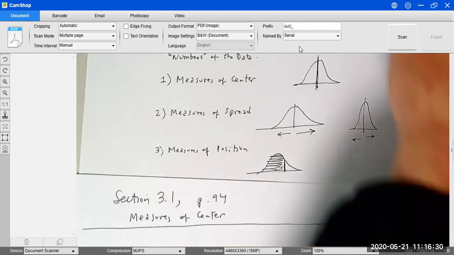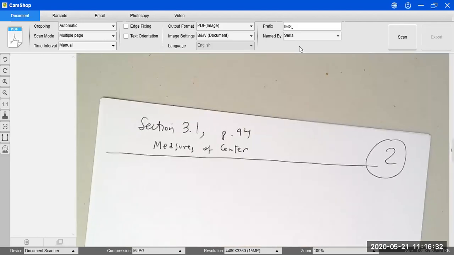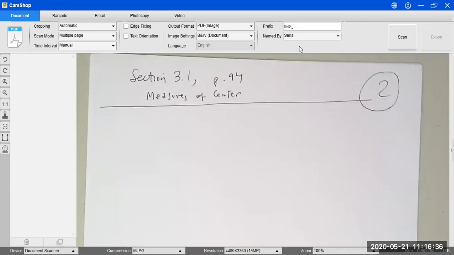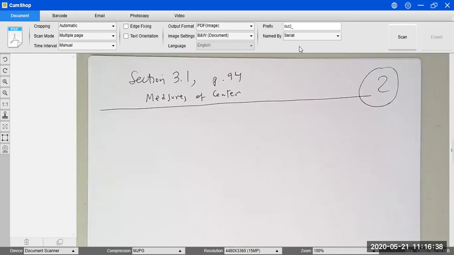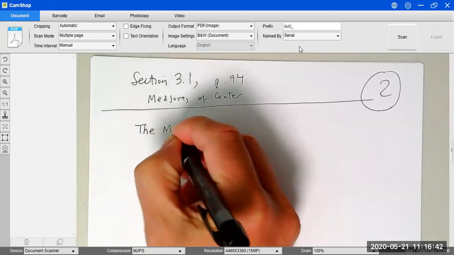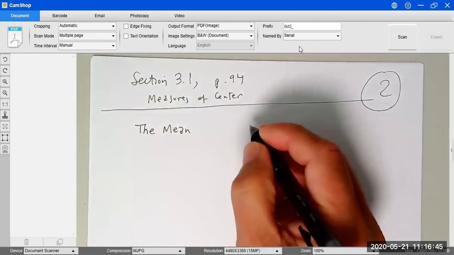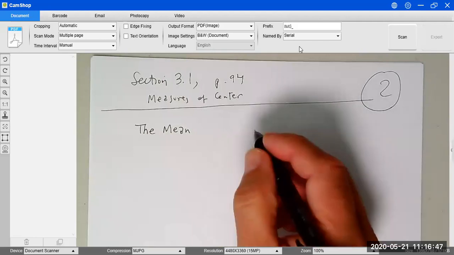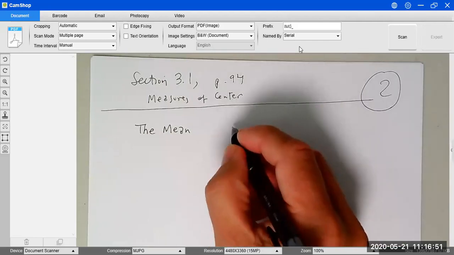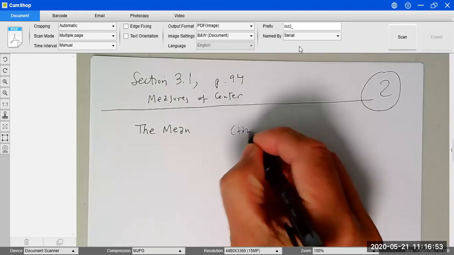So that's what we're going to cover now. The most important measure of center is going to be the mean. We know the mean. We have used the mean a lot of times, and we used to call the mean the average.